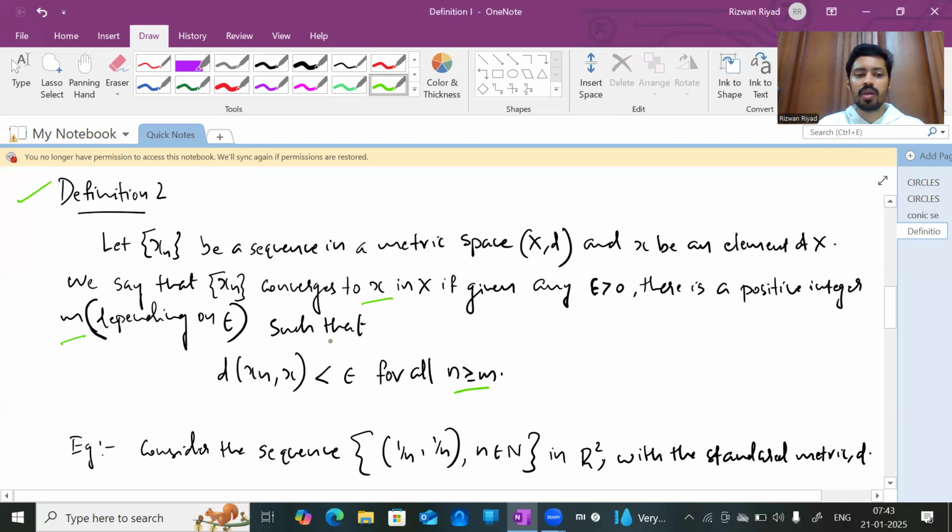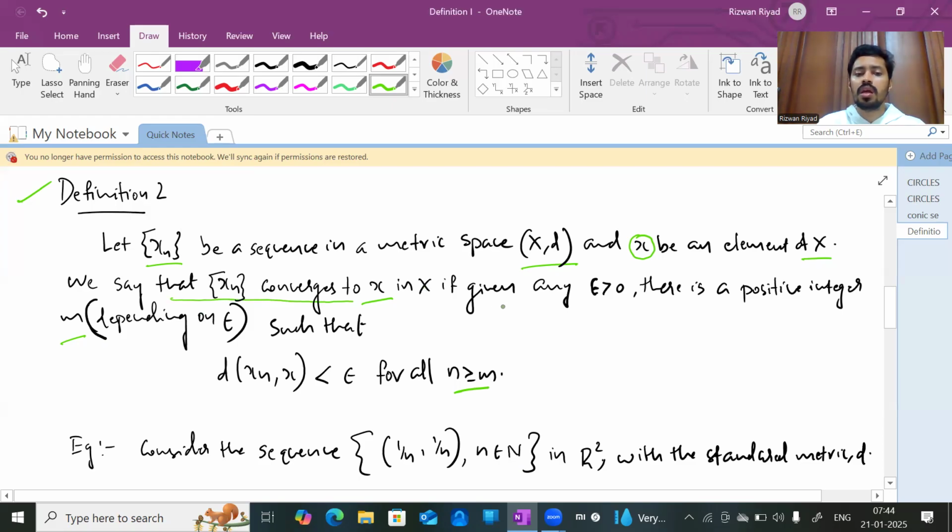Let me repeat it. Suppose we have a sequence xn in a metric space X. And this x is an element of that X in that metric space. Now when can we say that this sequence xn converges to that x in X?